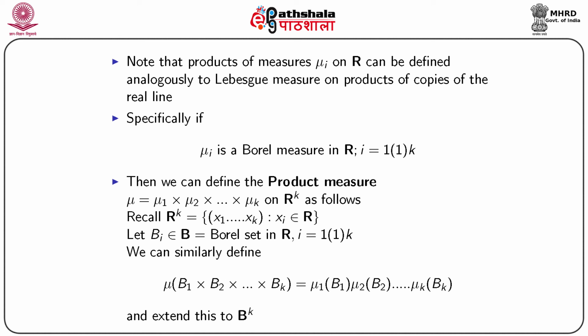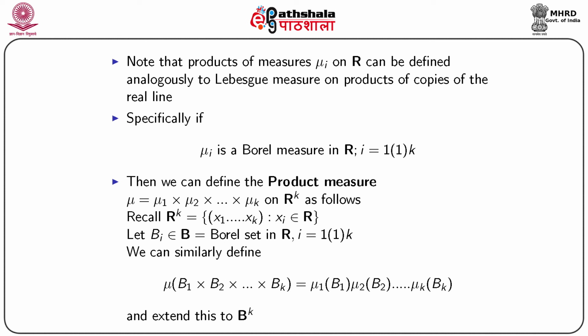Specifically, if mu_i is a Borel measure on R, then we can define the product measure mu = mu1 times mu2 times ... times mu_k on Rk, the k-dimensional real line, as follows. Recall that Rk is the collection of (x1, x2, ..., xk), where each xi is a real number.